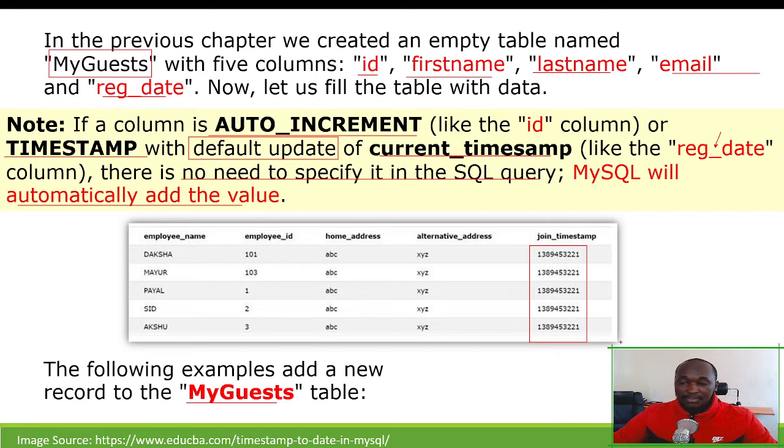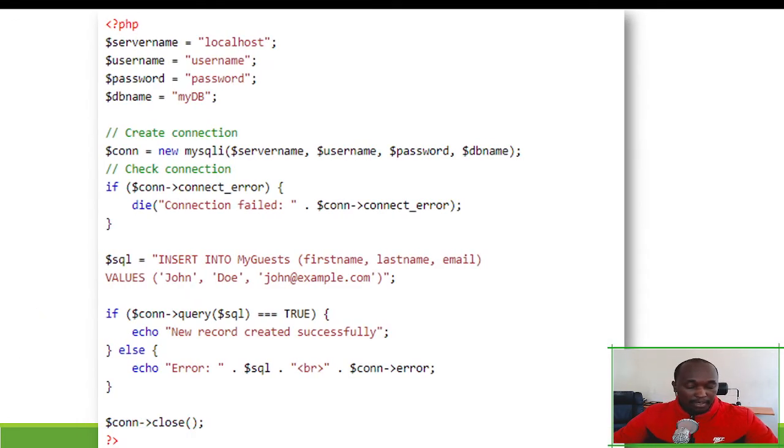So that's a timestamp. Most of the time we want, for example, to just know when the person joined or when a particular record was created. So normally for that, we put the data type as timestamp with default update of current timestamp.